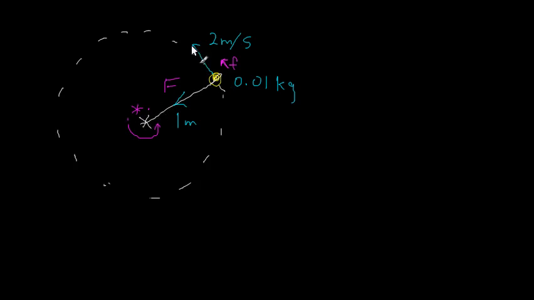As the rock moves this way, the string would be at a slight angle to the actual line from the center of the circle to the rock. And this little angle gives a force in a slightly tilted direction, and that gives this little component of the force along the velocity, along the motion of the rock.